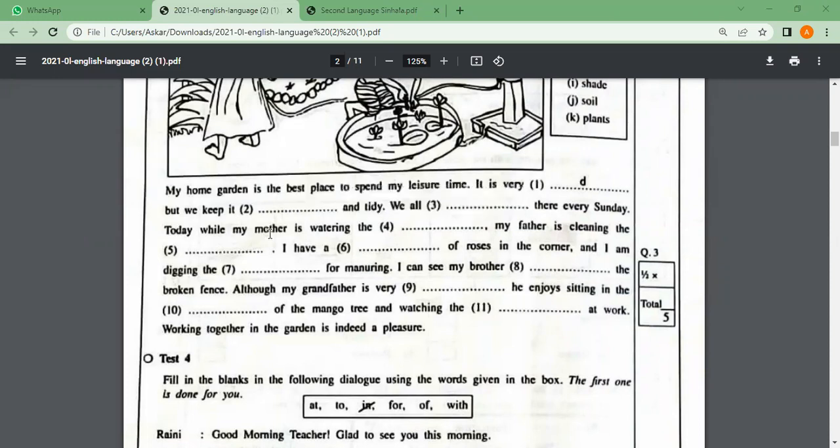My home garden is the best place to spend my leisure time. It is very small, but we keep it neat and tidy.